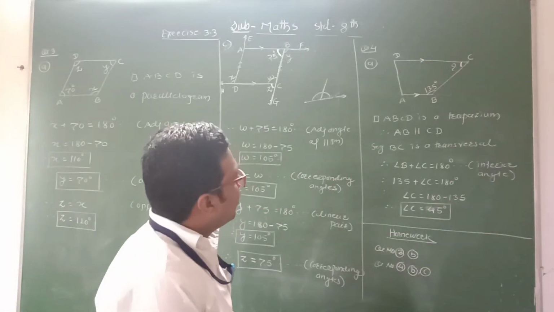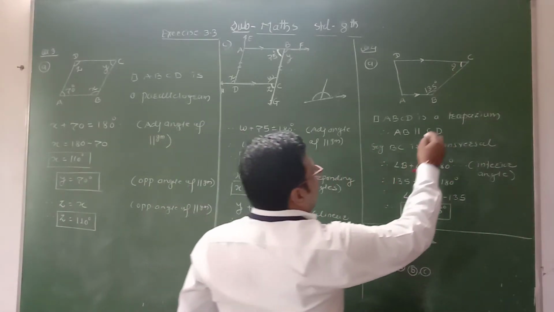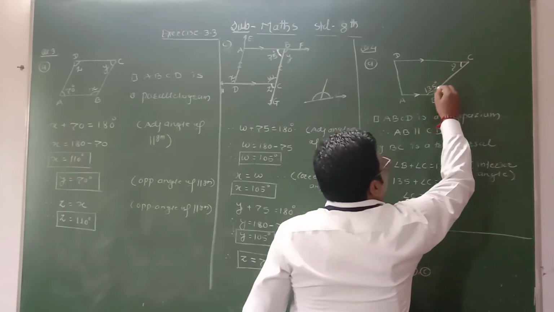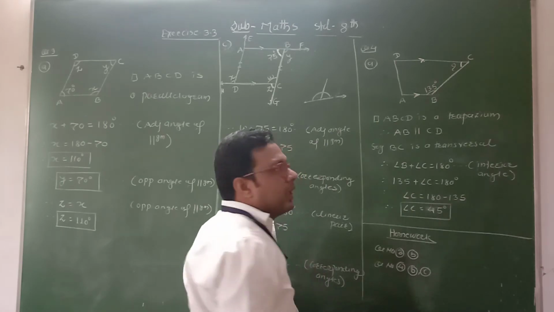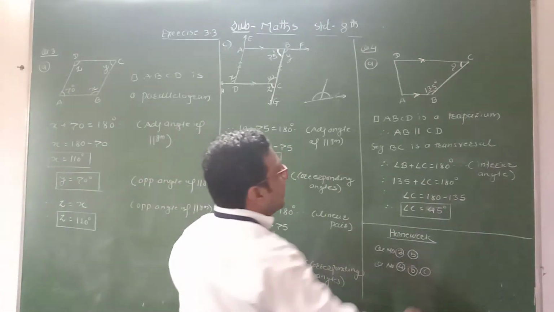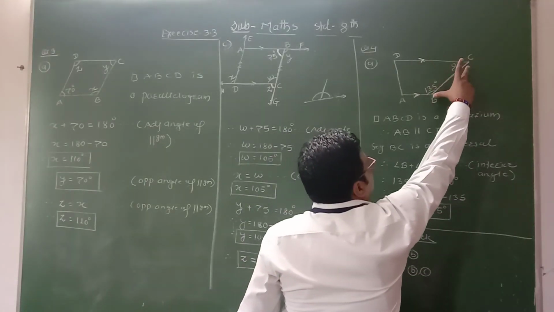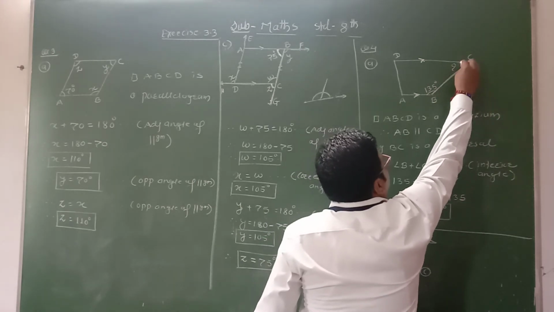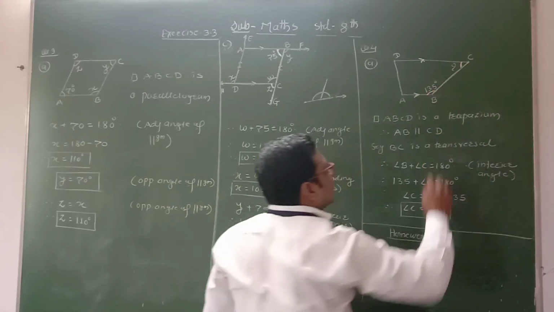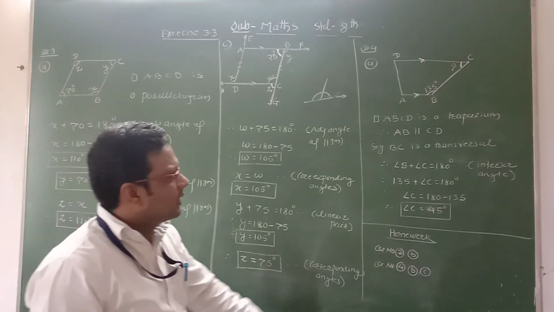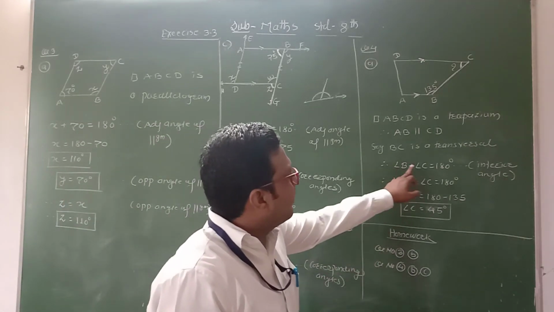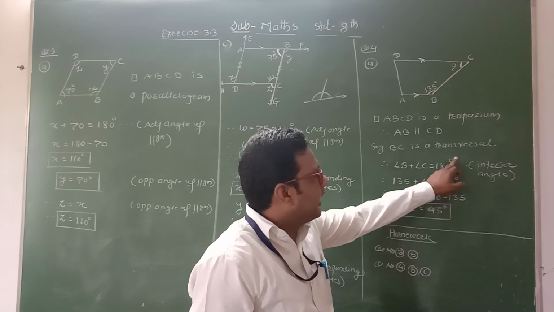Clear? Now find out, if we take BC as the transversal, these two lines are parallel. Remember the properties for the angles formed by the parallel lines. If these two lines are parallel, this is the transversal, then angle B and angle C are the interior angles formed by the parallel lines and the transversal. Therefore angle B plus angle C is equal to 180 degrees.